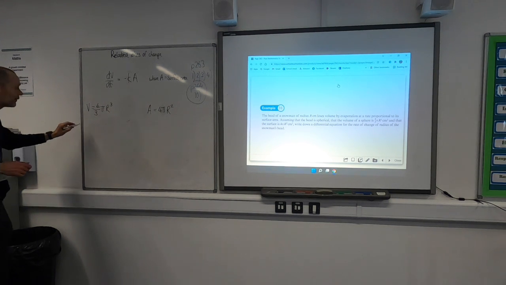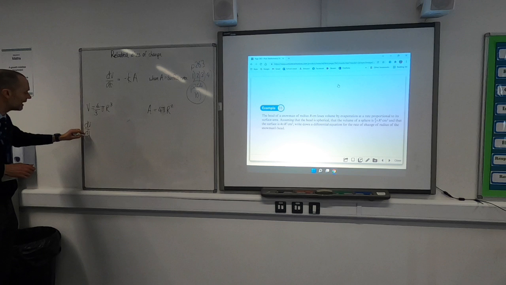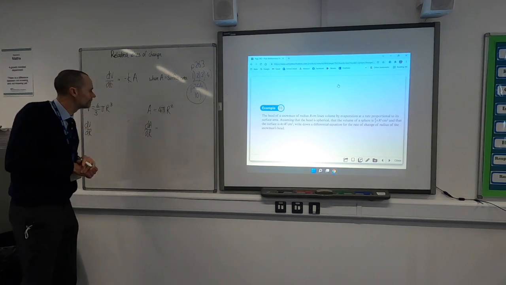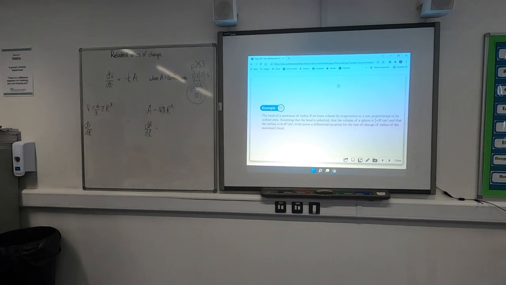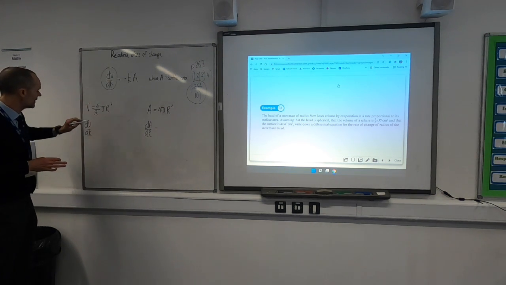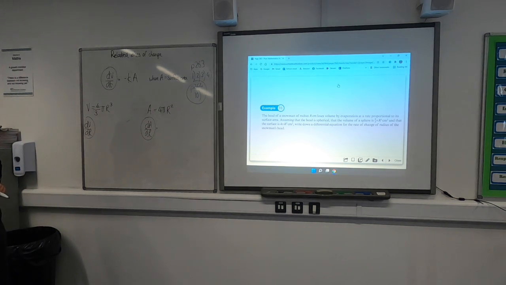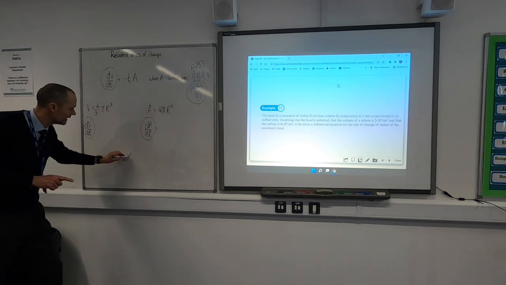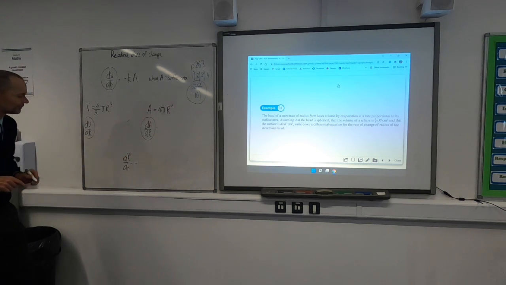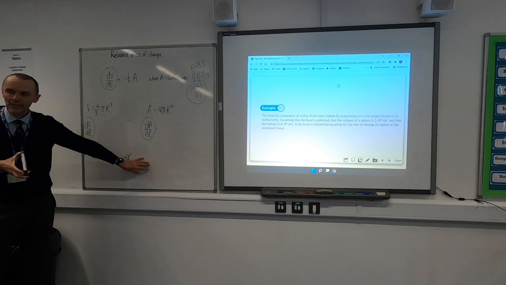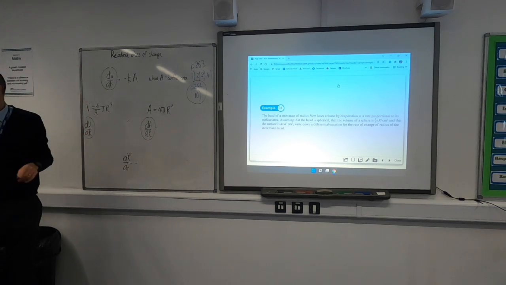Those are two statements I can differentiate, dV by dr and dA by dr, which will give me dV by dt, dV by dr, dA by dr. I'm asked to write down a differential equation for the rate of change of radius. So what they want is dr by dt. So go on, see if you can differentiate that, and have a go at building that from the three things we've got.